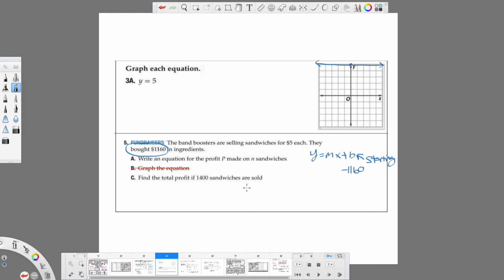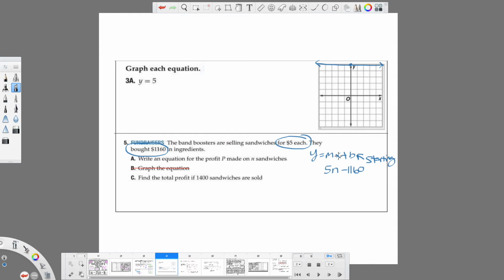The change, so remember that's our slope. What are we changing by? Would be $5. Anytime I'm looking for words like each, that tells me that there's some kind of change there. Okay. So $5 each for sandwiches. So that's going to be my change, m. And N is the number of sandwiches. They don't want me to use x.